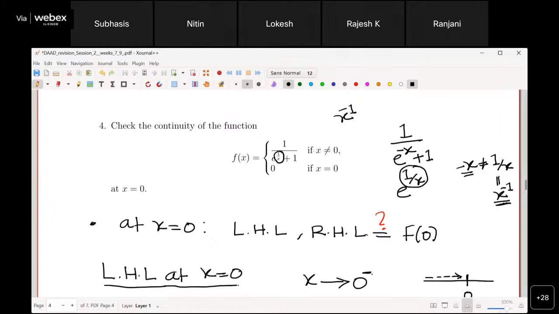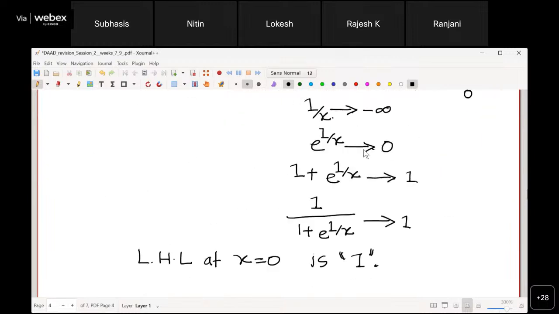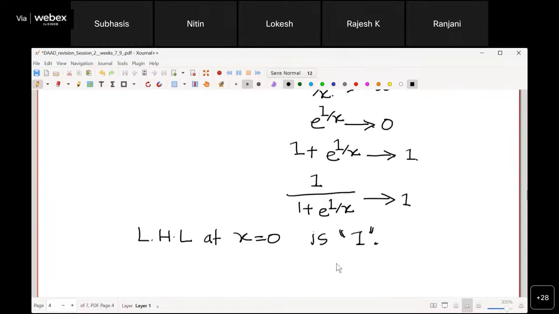Certainly, whatever you are doing for that function is correct. If you take that function instead of this function, you will get 2. Okay, got it. So that means my left hand limit of this function at x equal to 0 is 1.